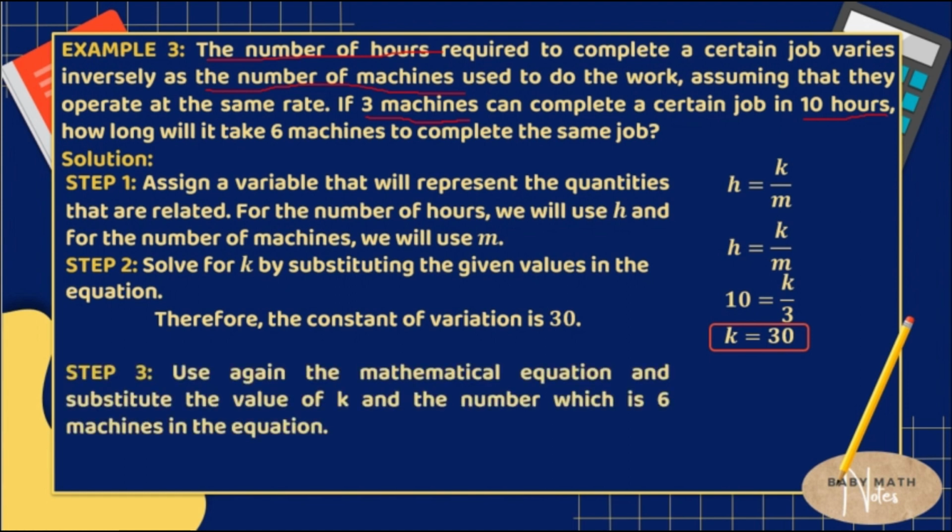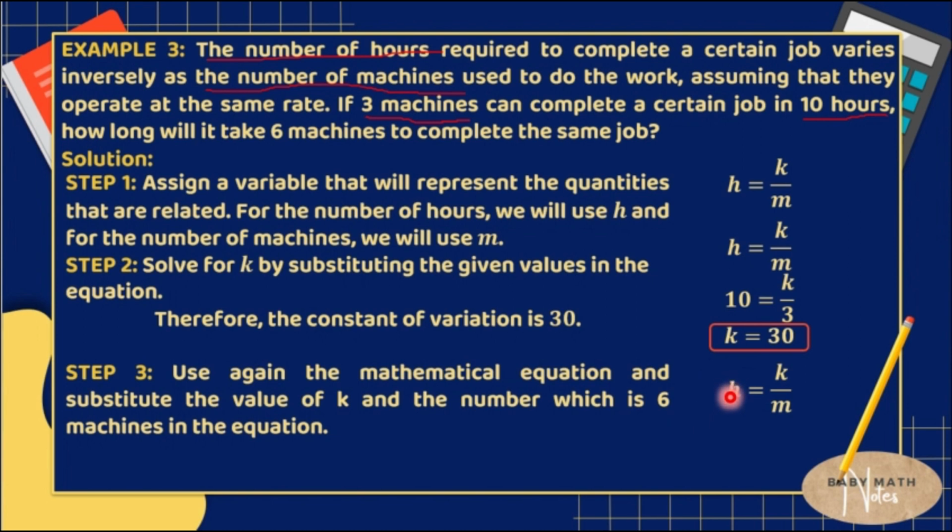Step number 3, use again the mathematical equation and substitute the value of K and the number which is 6 machines in the equation. Since we are asked to find how many hours na kayang matapos nung 6 machines yung isang trabaho. So, hours yung tinatanong, which is in our mathematical equation, si H yun.